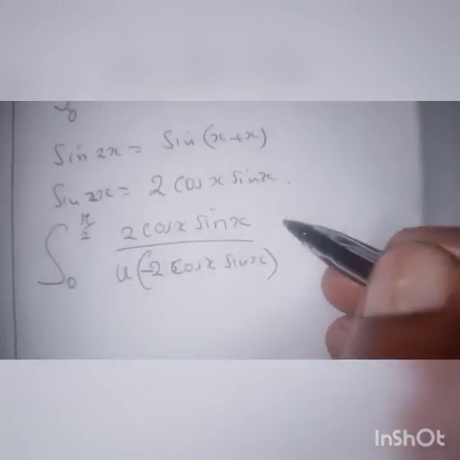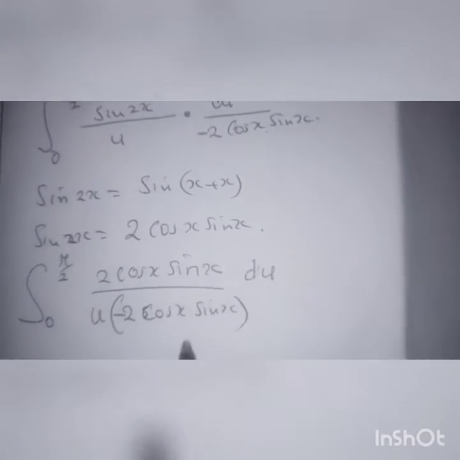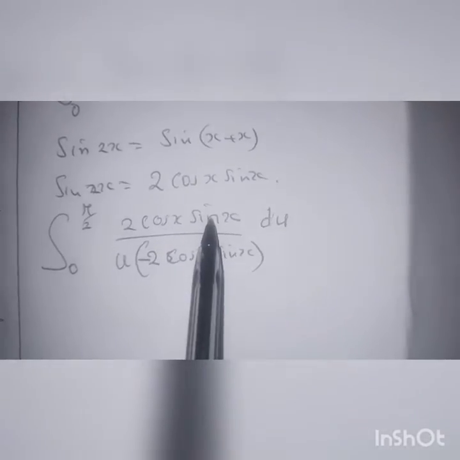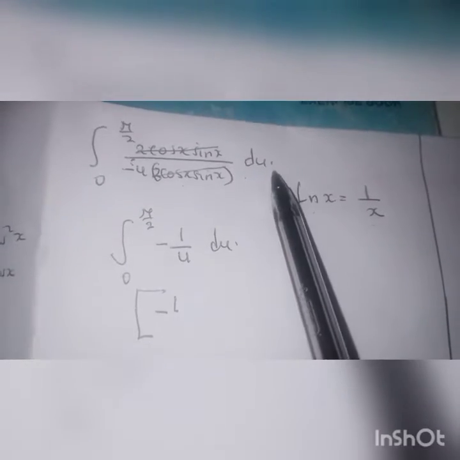So this function, now we have written sine of 2x is the same as this one. Therefore, we can write this function as 2 cos x sine x all over minus u, 2 cos of x sine of x du. Therefore, 2 cos of x sine of x, they cancel out.